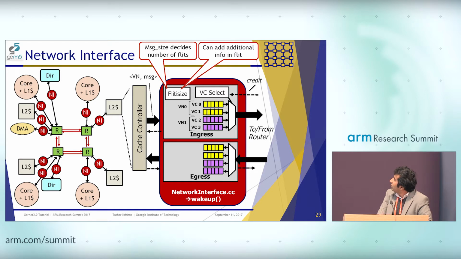So this is where you specify a virtual network, you have the message, and what the network interface does is it breaks the message into packets and packets into flits, depending on your flit sizes. And the message size decides the number of flits. So if it is a cache line, this would be maybe 5 flits. Depending on the message size as well as the network flit size, you'll determine how many flits there are.